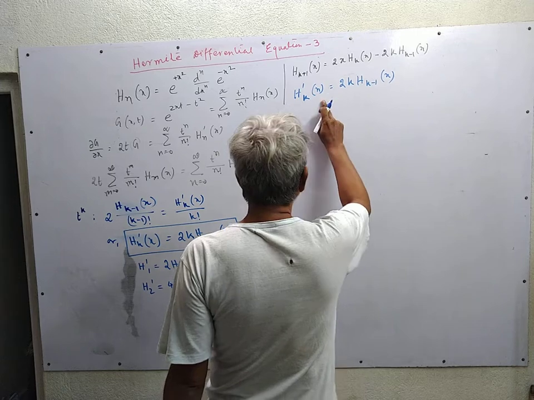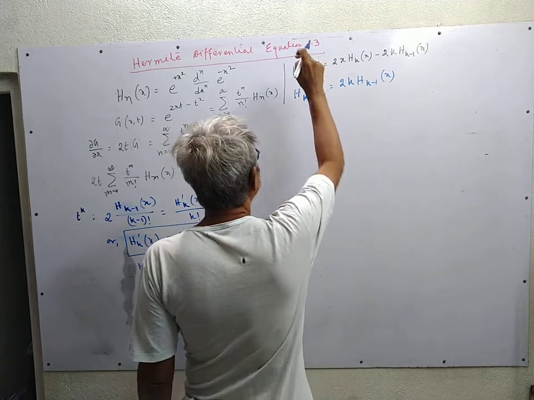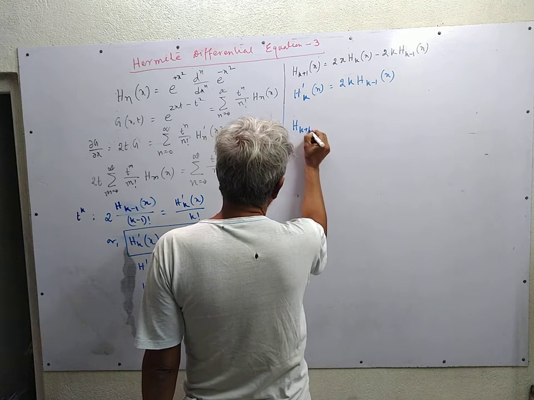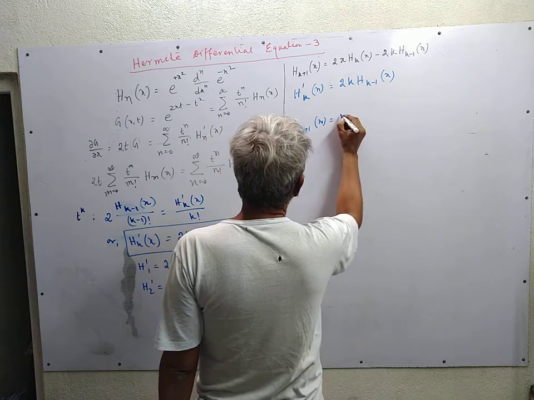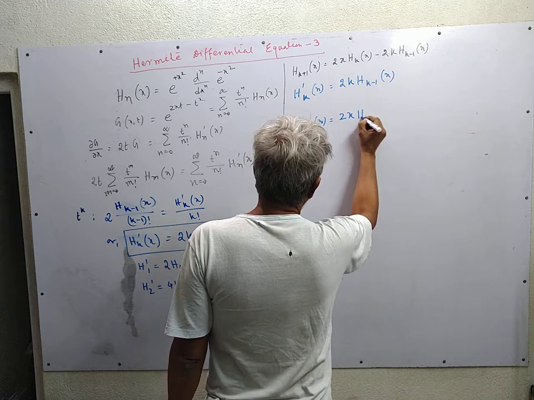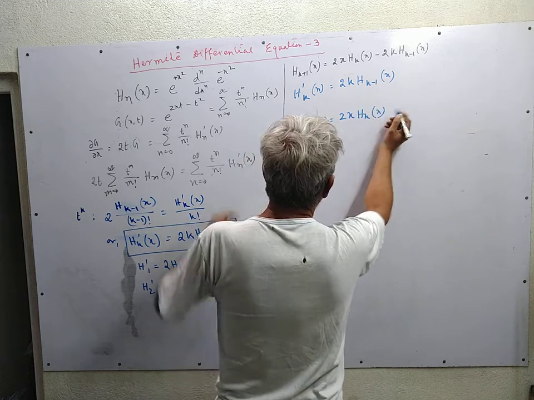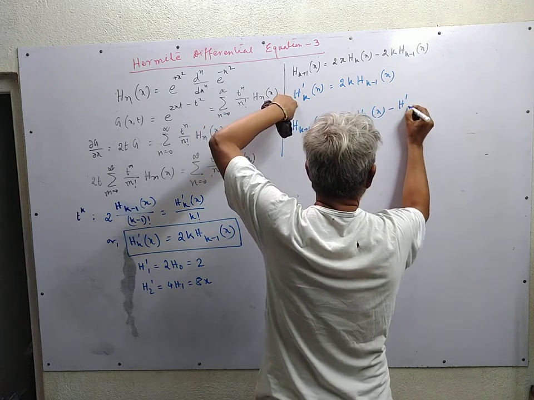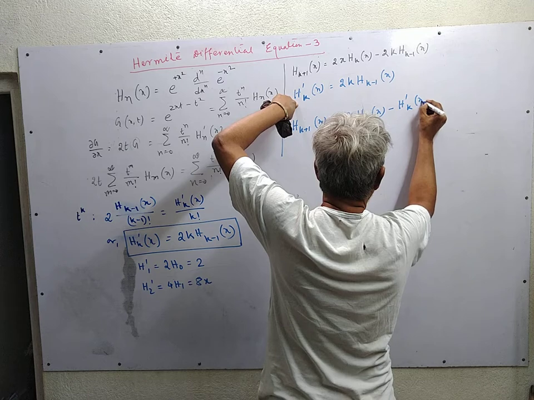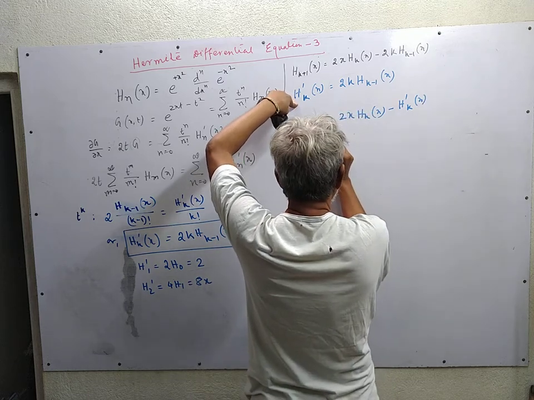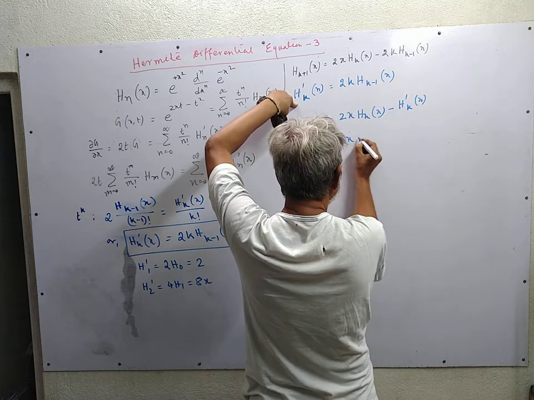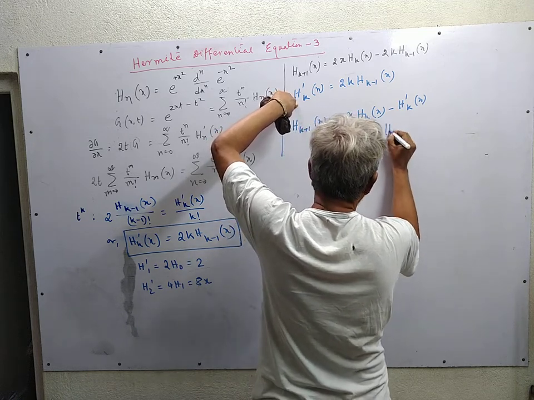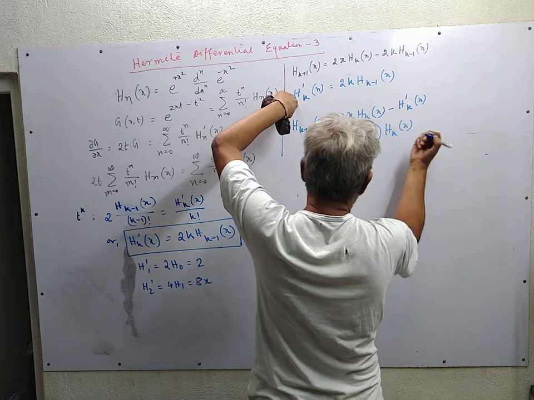So if we use this relation in the first, we get h k plus 1 of x is equal to 2x h k of x, and for this we write h prime k of x. So this is 2x minus d/dx operating on hk of x.